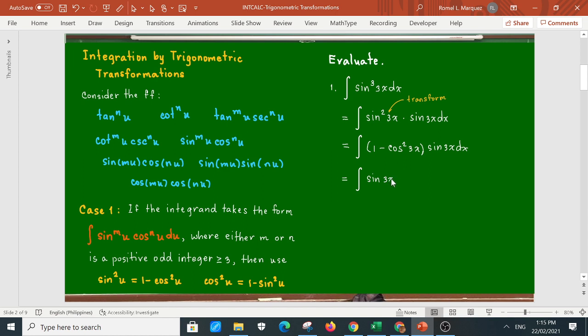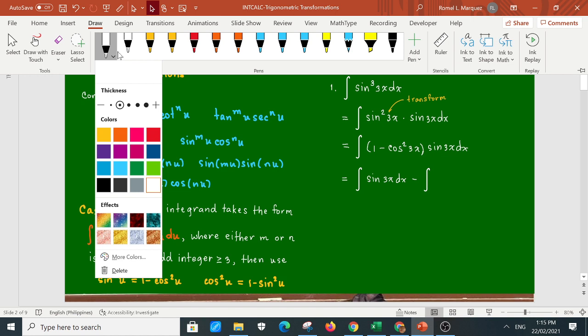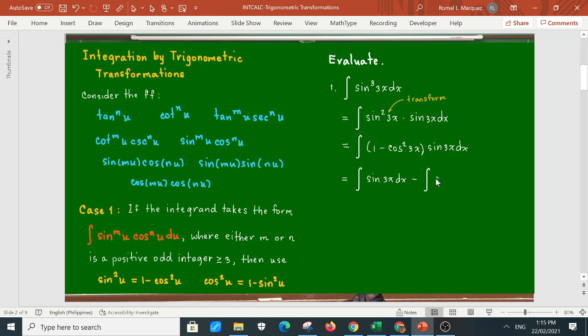And then minus the second integral, we have cosine squared 3x sine 3x. So this is GPF, which can be handled by the general power formula for integration. U to the n, this is n, and this is the potential du. We'll just be fixing that later.